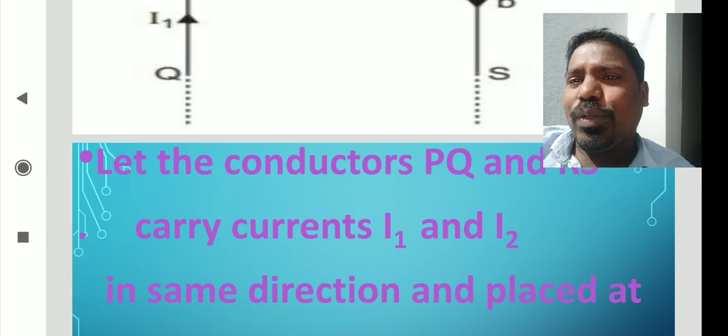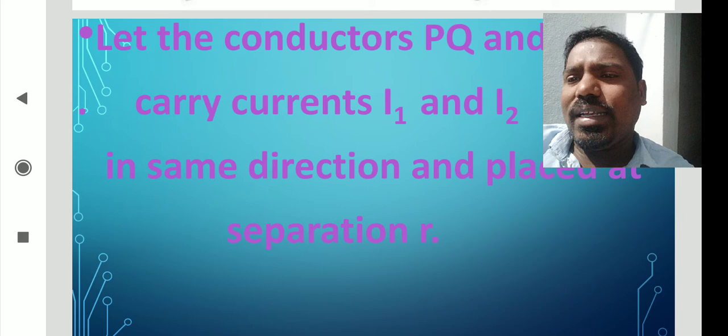Let the conductors PQ and RS carry current. Now I am taking only case 1, which is the attractive force, where I1 and I2 are in the same direction. Let us consider the conductors PQ and RS carrying currents I1 and I2 in the same direction, placed at a separation distance r.